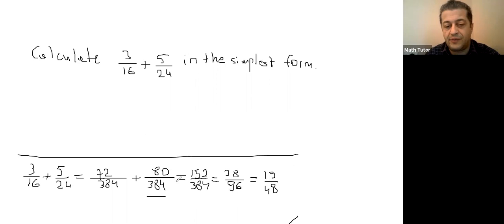I simplified the result here. I first simplified it by 4, and then I simplified it by 2 again, because I was not sure whether I should simplify by 8 from the beginning. So it creates a lot of difficulties, this long method.